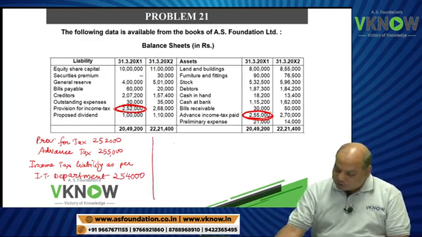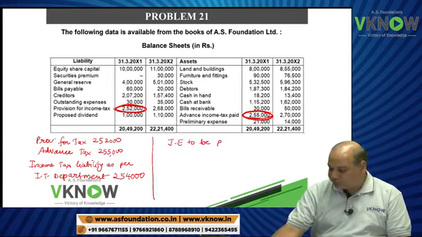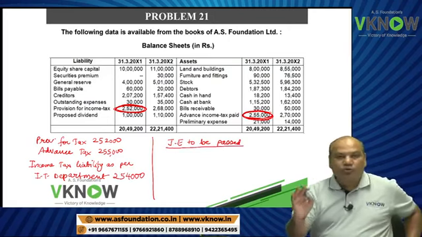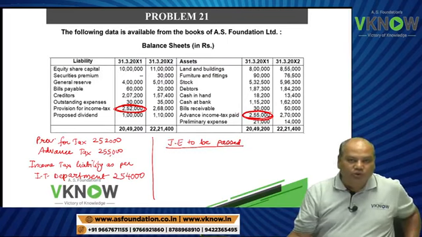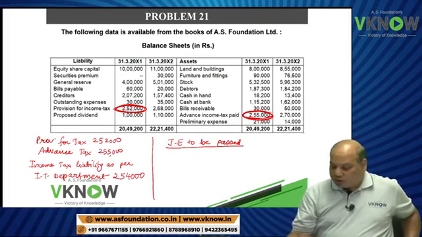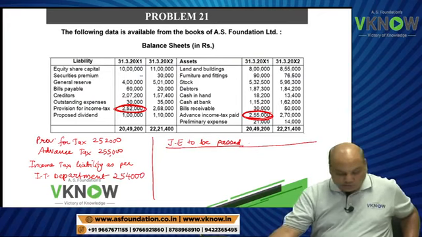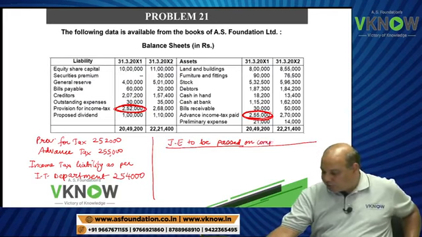So what is the journal entry to be passed? Because now the assessment is over, these two accounts need to be closed. So the student would write down in the notebook journal entries to be passed on completion of assessment.